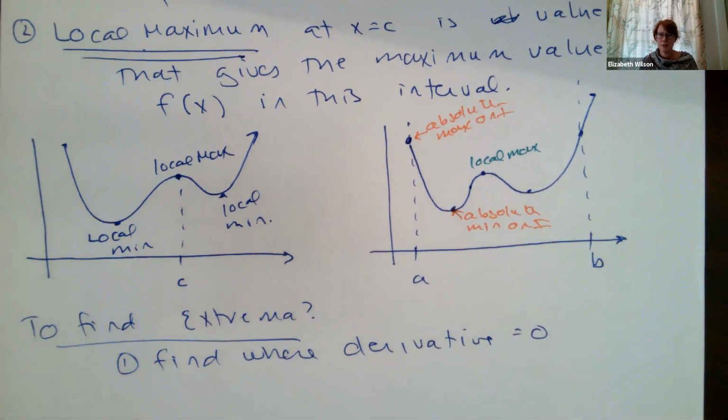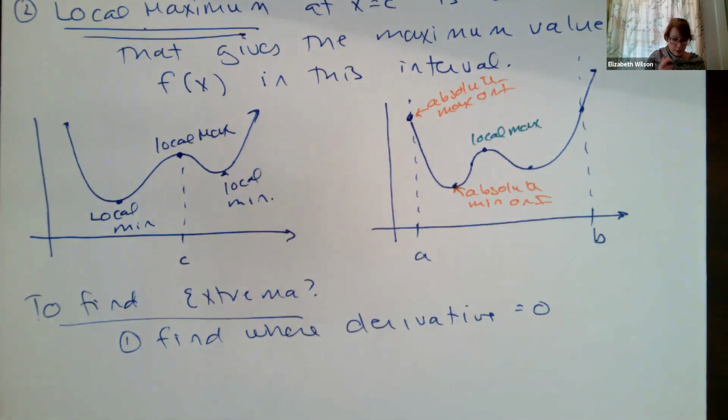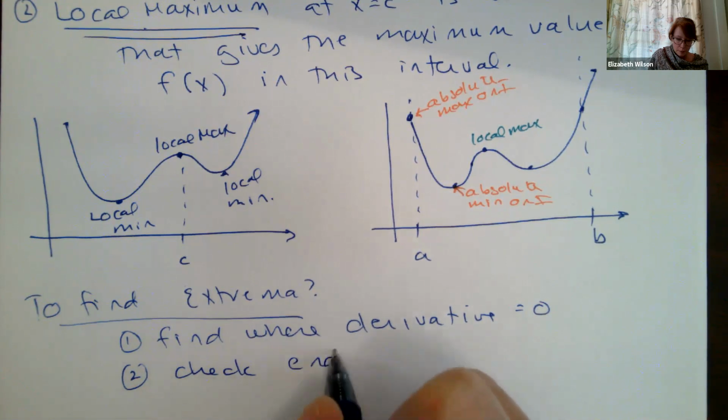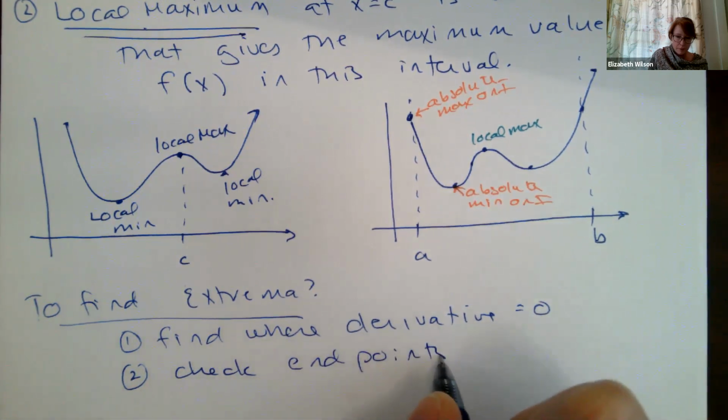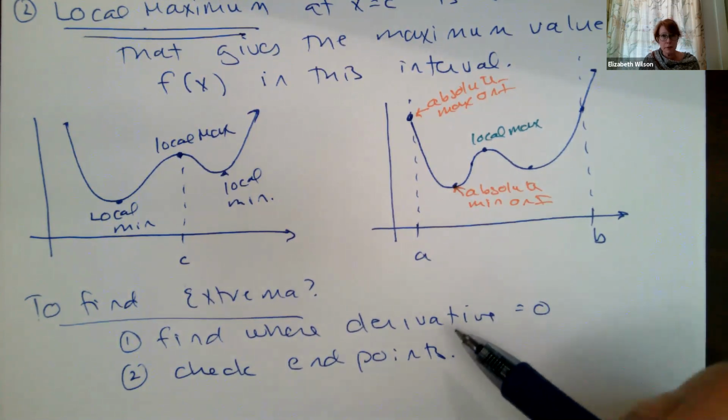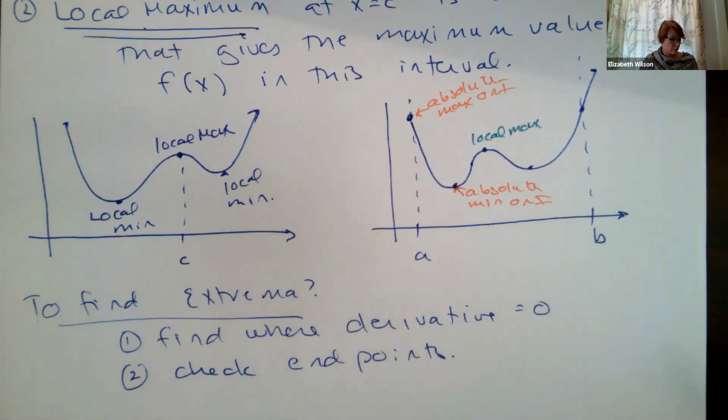Like what x values are going to give me where the derivative is equal to 0. Okay. Then the next thing is I have to check the endpoints. Okay. So I've got a couple things that I need to check, right? Where's my derivative equal to 0 and what are my endpoint values? Okay. We're going to talk all about that as we go. So don't worry if it doesn't quite make sense. Okay.